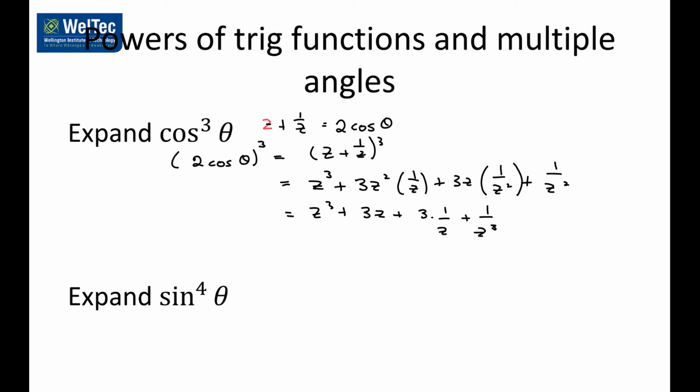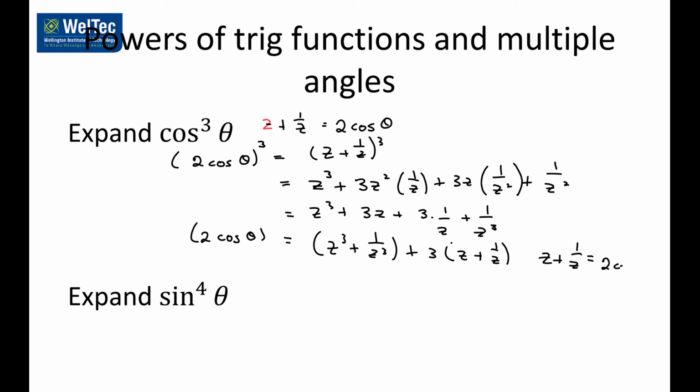And if we were to collect all those up, what we've got now is that 2 cos theta cubed is equal to z cubed plus 1 over z cubed plus 3 times z plus 1 over z. Do you see where we're going? Now, we know that z plus 1 over z equals 2 cos theta.